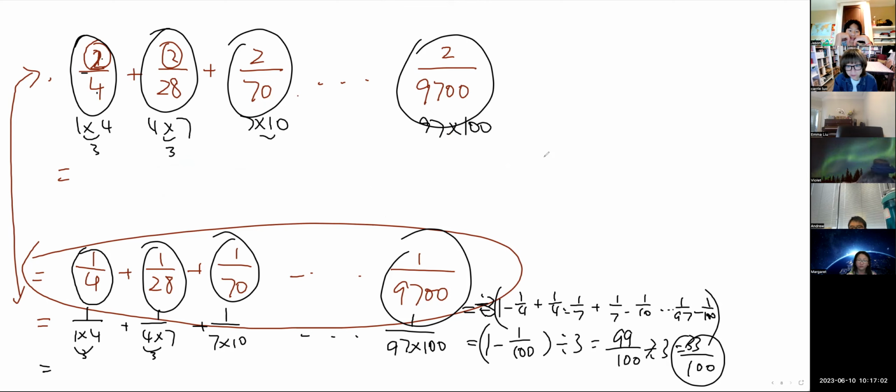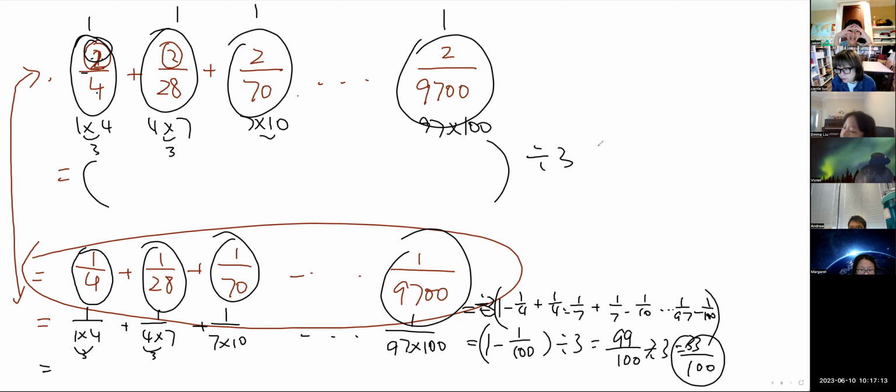So that's why we need to divide it by 3 for the total bracket. But you can see before it's 1, 1, 1, 1. Now it's 2, 2, 2, 2. So what do we do? Divide by 3, then times 2. Get it, everybody? Easy? Isn't it simple? Understand, kids?